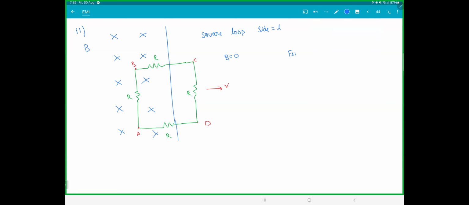Find VA minus VB and VC minus VD. This is a good question, right? Find the potential difference between AB and CD.